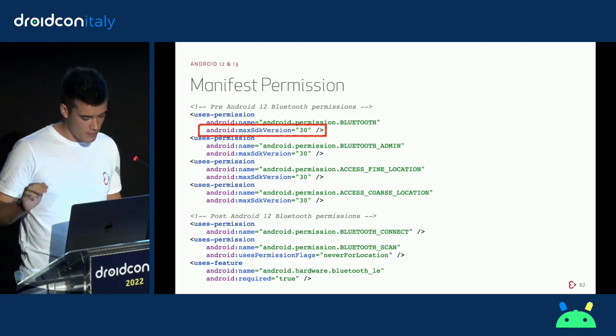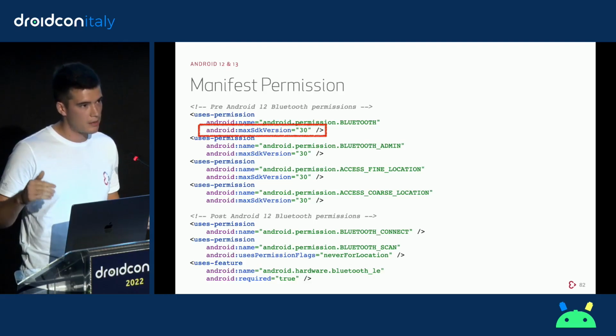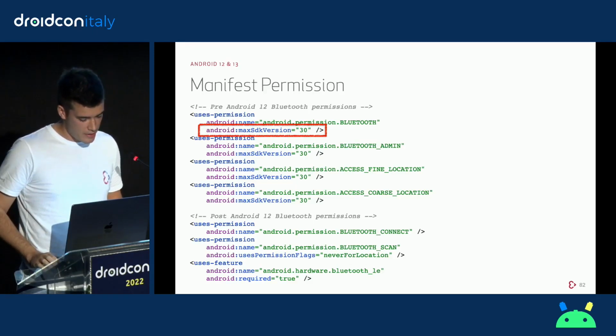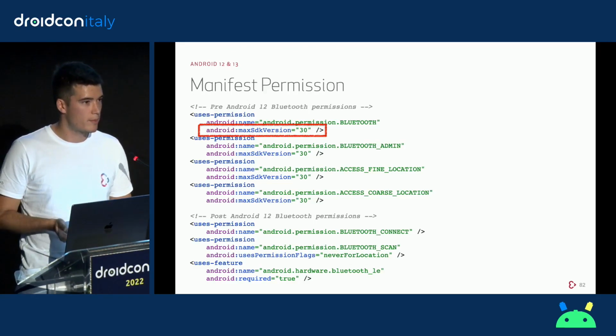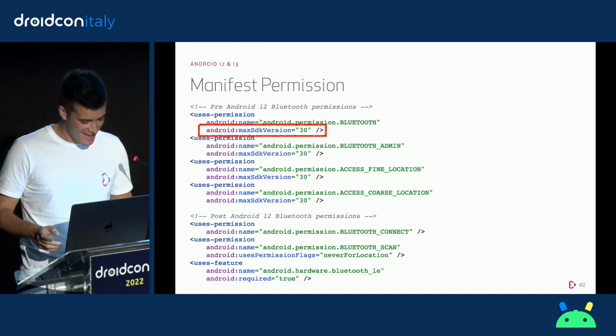So Bluetooth admin and the location permission were declared until the API 30 version. And then starting from Android 12, we have the new set of permissions, like the Bluetooth Connect permission. It's useful if your app communicates with a device. I mean, if you're using Bluetooth, it's likely you're communicating with a device. Of course, the Bluetooth Scan permission.